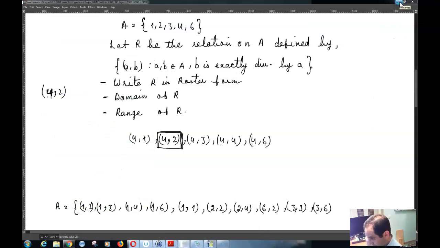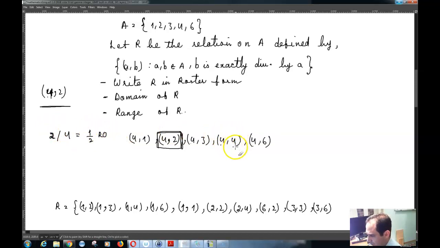Okay. So for example, in this case, if I divide 2 by 4, I will get 1/2, remainder 0. So I suppose this is divisible. Of course, 2 is not a multiple of 4, because you could say that 4 is a multiple of 2, but 2 is not a multiple of 4.